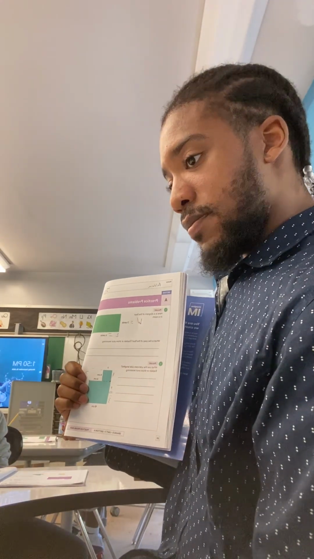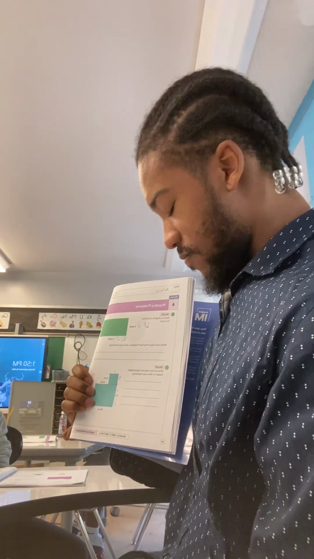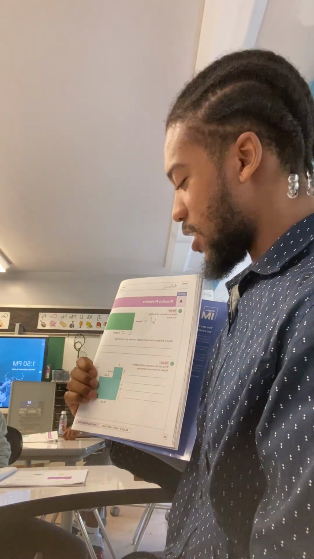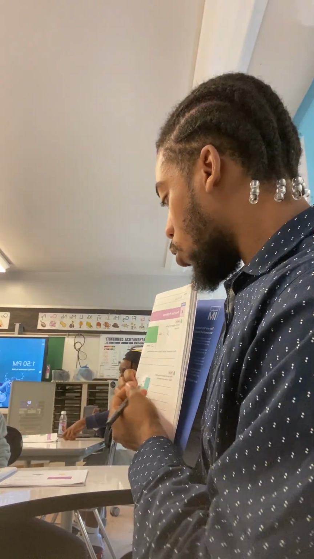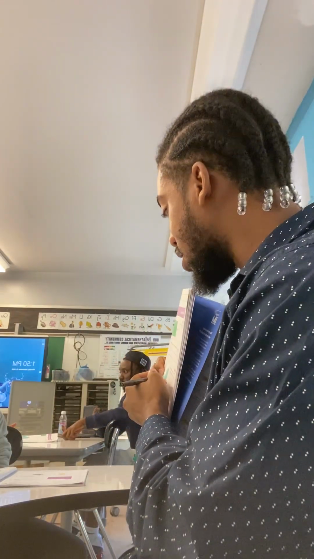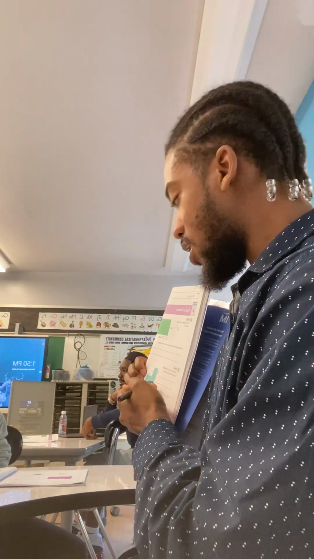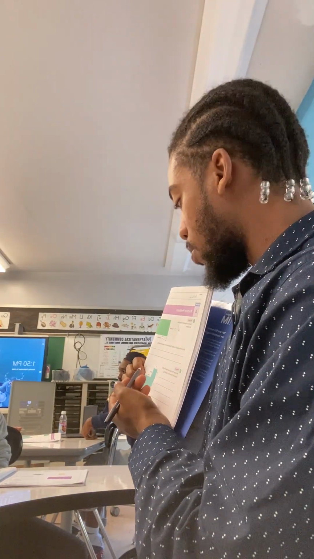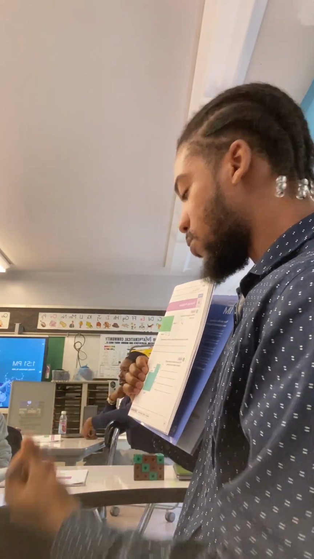Because if you split them in half, it's going to be a square, and a square has the same size. Precisely, and we already know, like Abdul said, when we split this shape into a square, this side was 4, so this will be 4 centimeters, and this will be 4 centimeters, right? So by default, it's 4 centimeters.